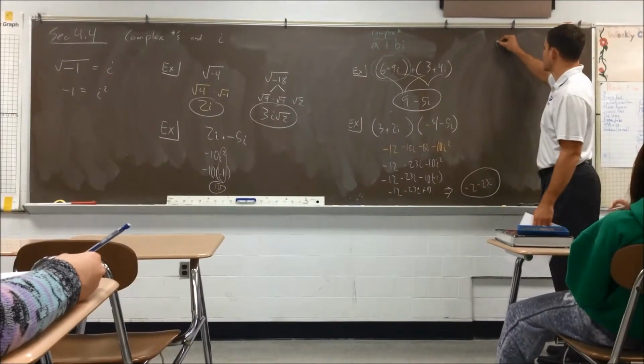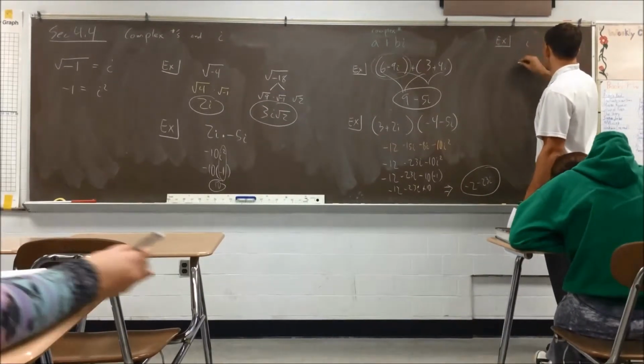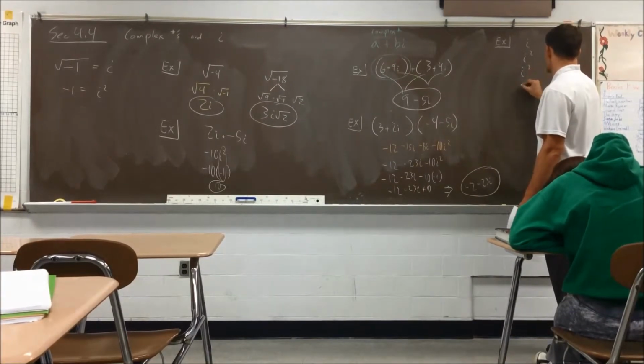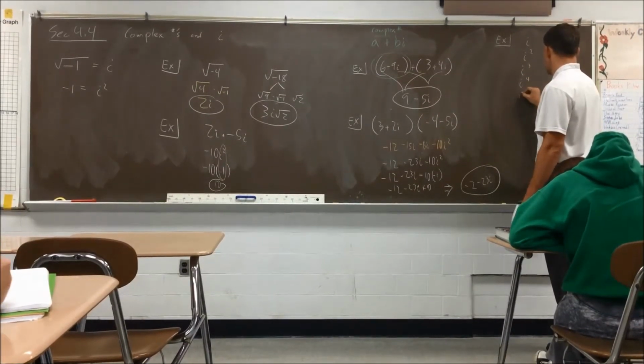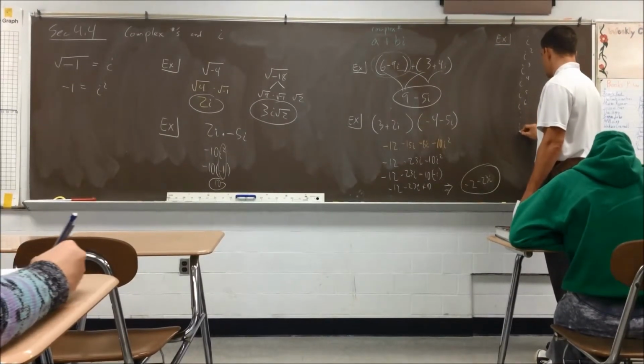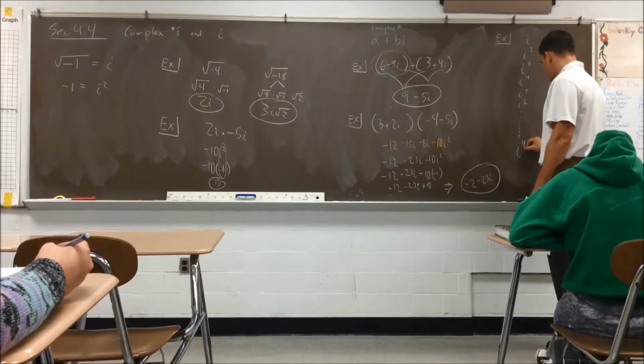I'm going to make a chart up here. We'll just kind of fill this in here. i squared, i to the third, i to the fourth, i to the fifth, i to the sixth. You'll notice a pattern, and then I want to know what is i to the 43rd.